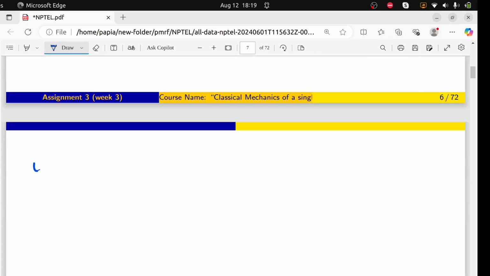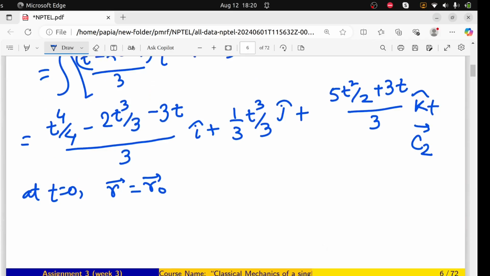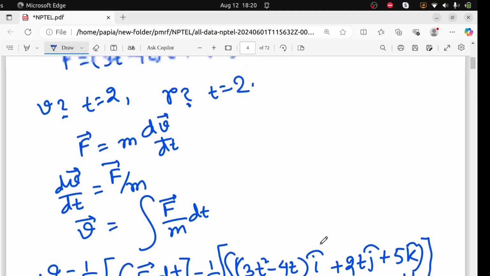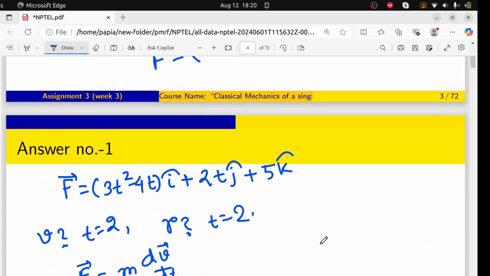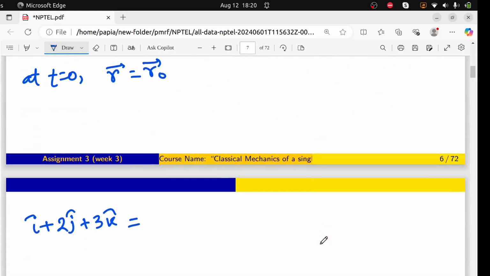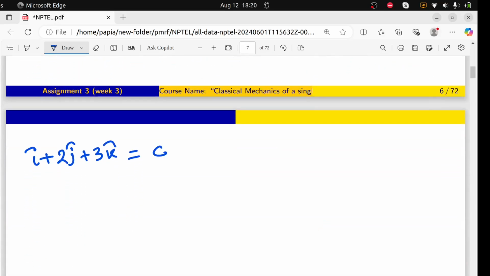You can see all the terms are in t only, so at t equals to 0 all of these will vanish and only 1, 2, 3 will be left. So C2 vector is this one.